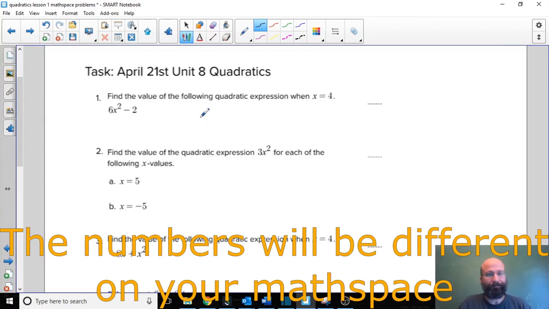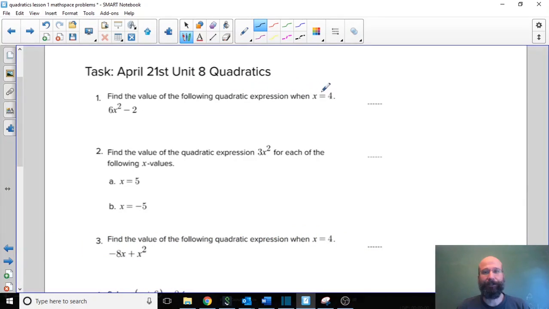So the first one: find the value of the following quadratic expression when x equals 4. This is the quadratic expression, right? Because it has an exponent of 2 and x equals 4. So all you have to do is, instead of x, you put 4.